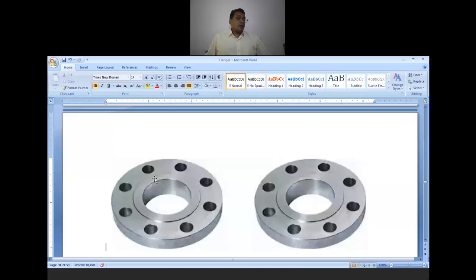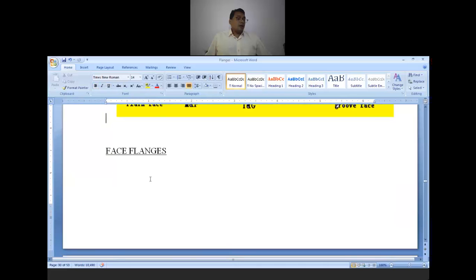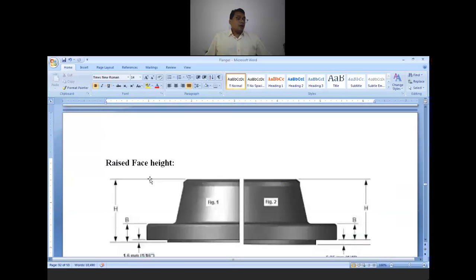Gasket will be applied in this raised section only. So this is the raised face that is shown in this figure. This is again another figure. You can understand the raised face in both the figures.